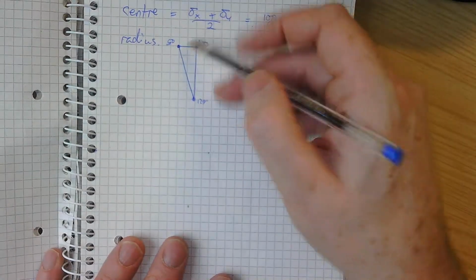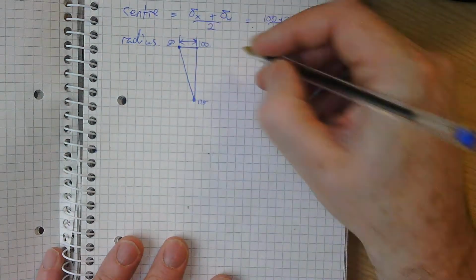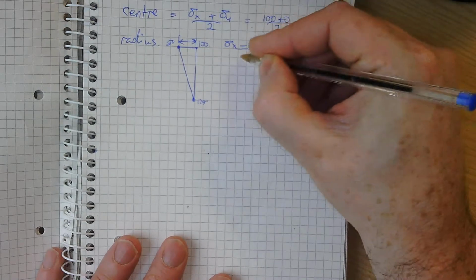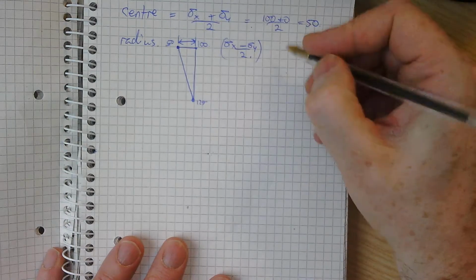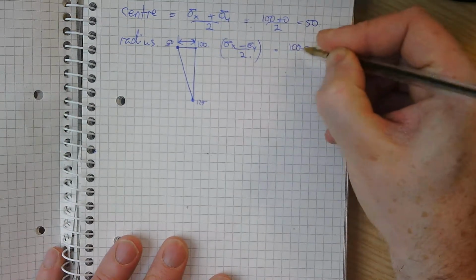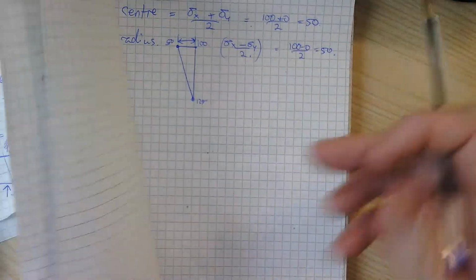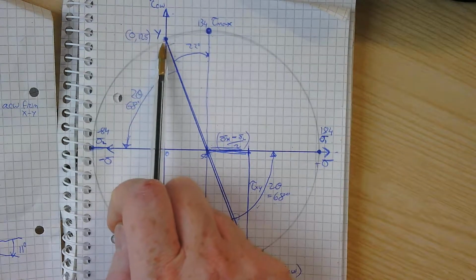So the length of this line here is sigma x minus sigma y over 2. That would be 100 minus 0 over 2, which is also 50. It just so happens that those numbers are the same because sigma y is 0.